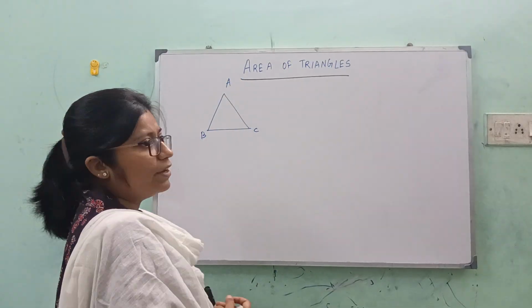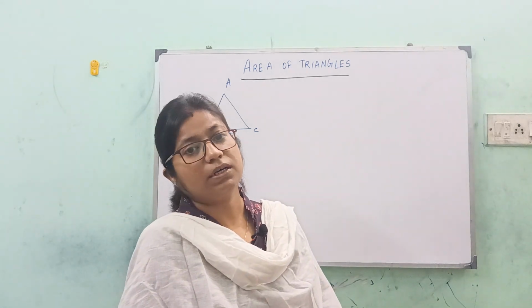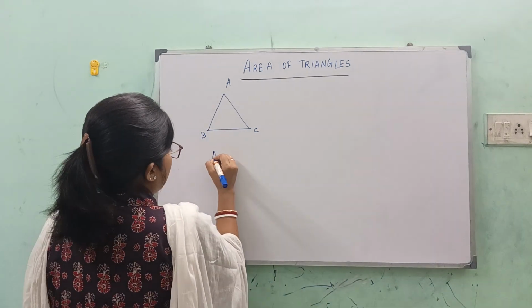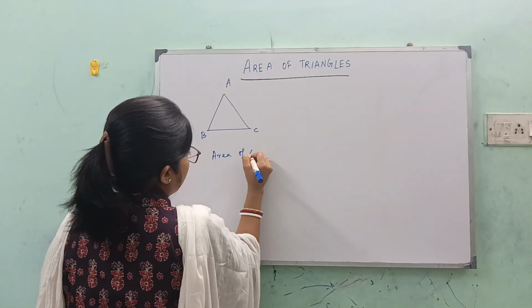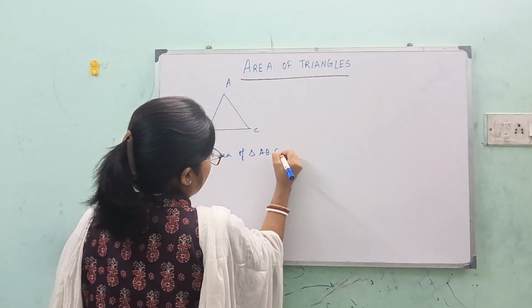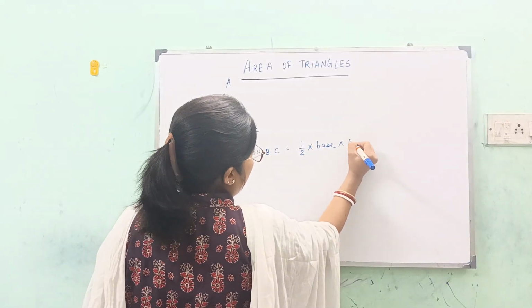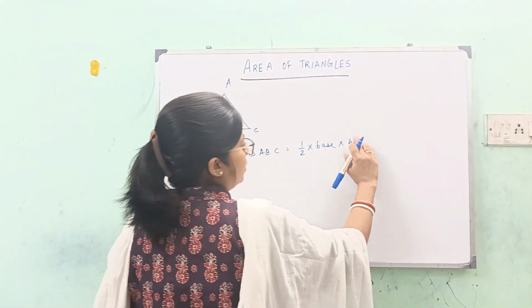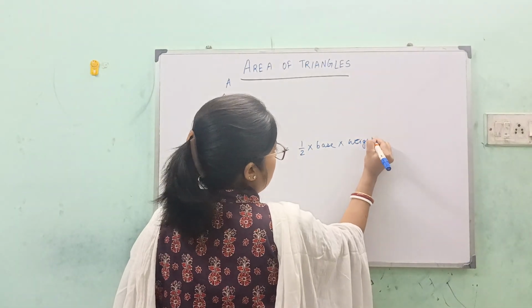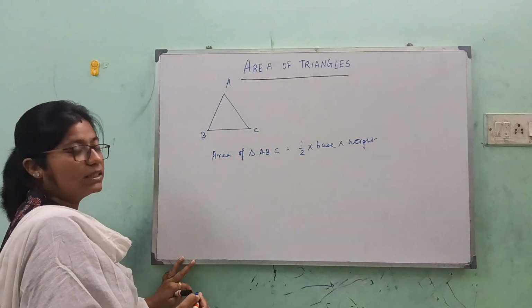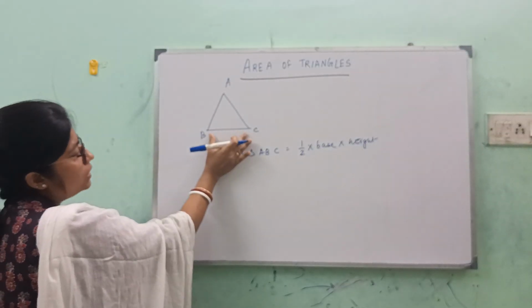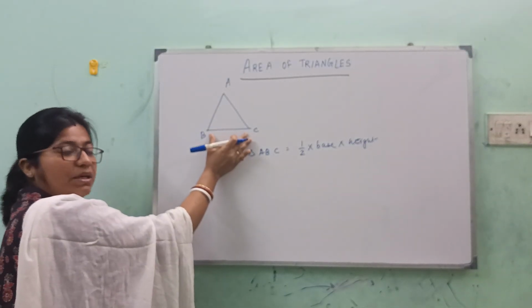So the very first formula that you will learn is half into base into height. Now, what is the base and what is the height? Suppose you want to consider this as the base, the side BC.